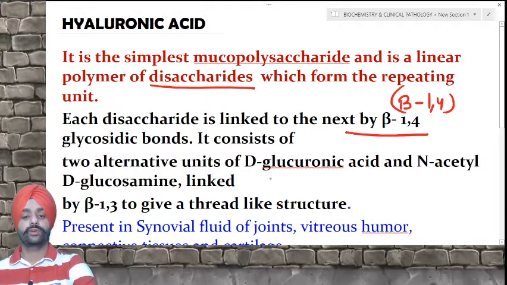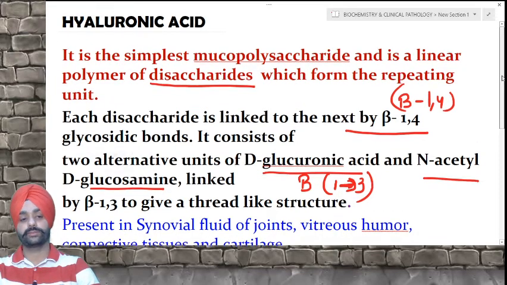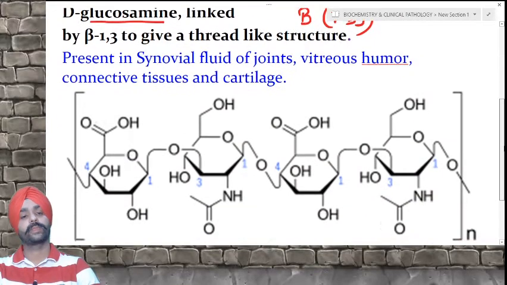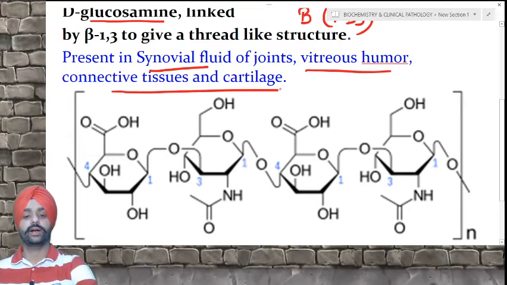Two alternating units of D-glucuronic acid and N-acetyl glucosamine are linked together by beta 1,3 bonds into a thread-like structure. Mainly found in the synovial fluid of joints, vitreous humor in the eye, and connective tissue and cartilage.